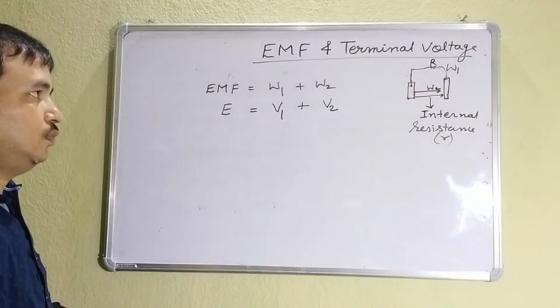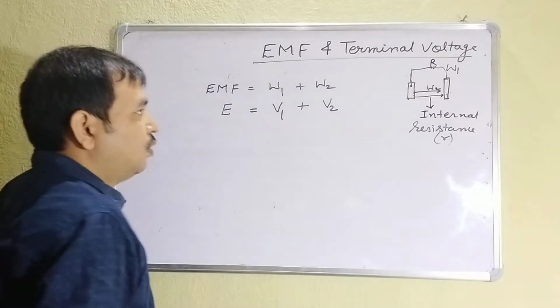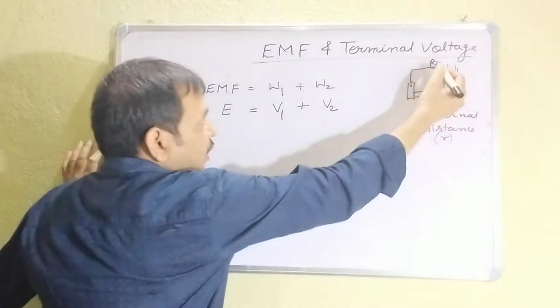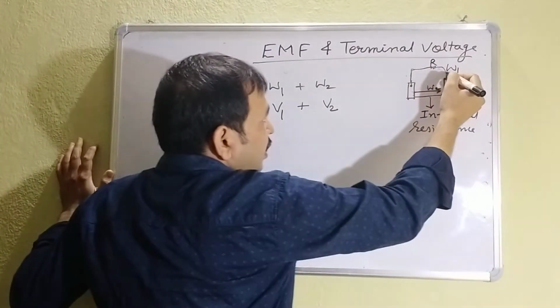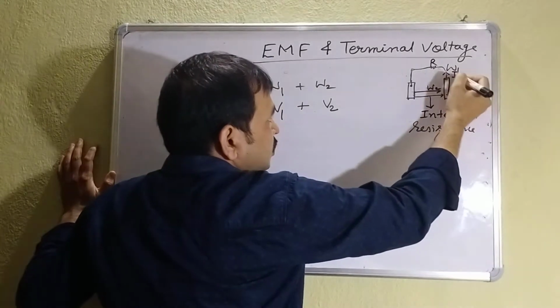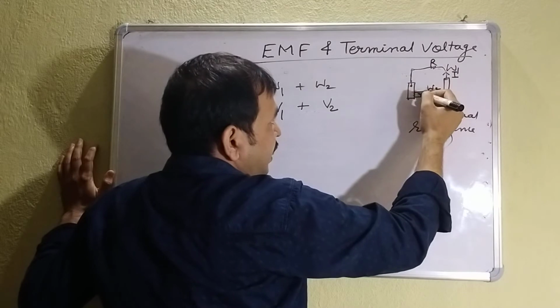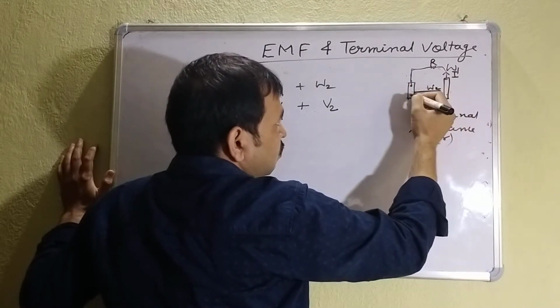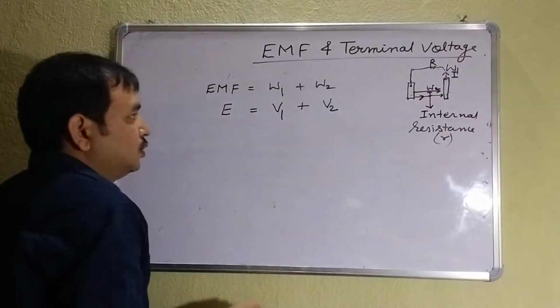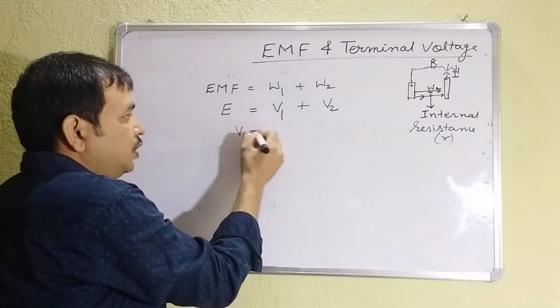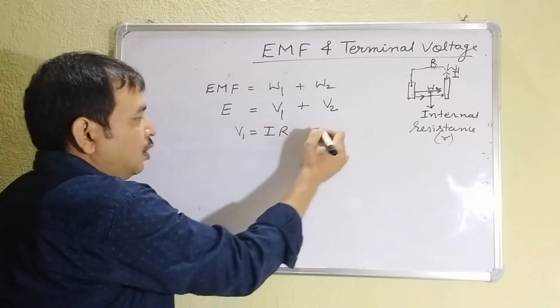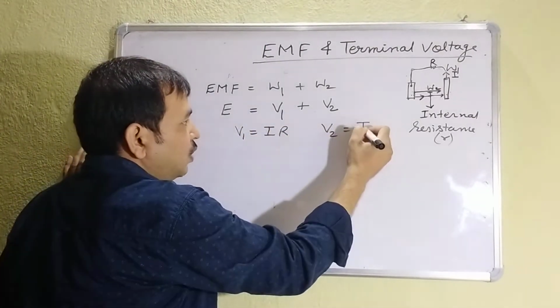Now, according to Ohm's law, if R is the resistor and suppose I current flows from this electrode to this, and again I current flows from this to this one. So V1 is equal to IR and V2 is equal to I into r.